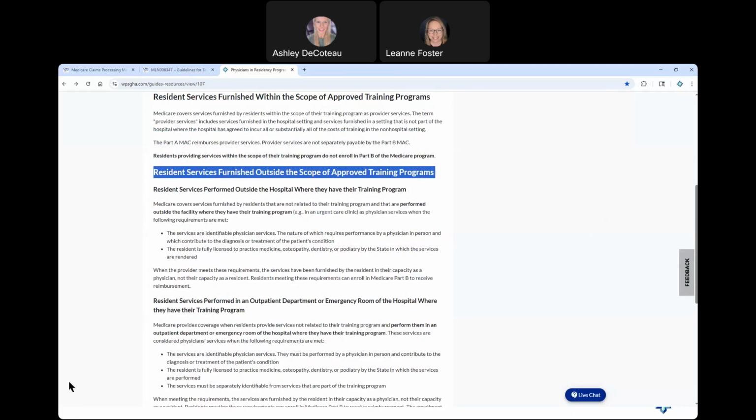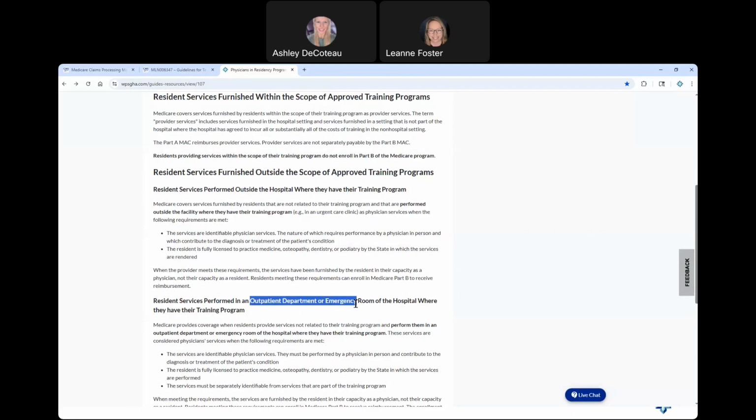Either it is furnished outside of the hospital where they have their training program, or the service is done in the outpatient department or emergency room at the facility where they have their training program. So each of these sections gives us the requirements for the residents to bill those services.